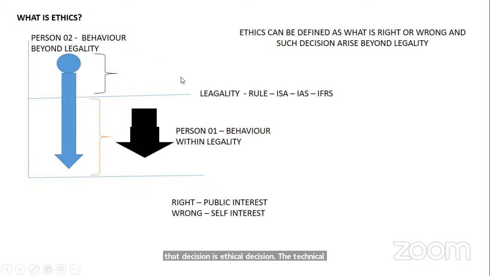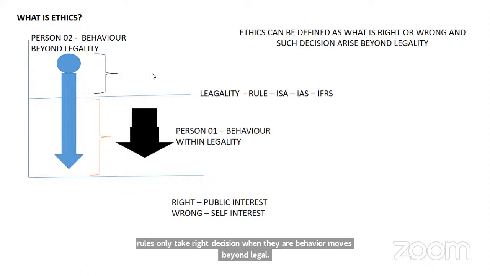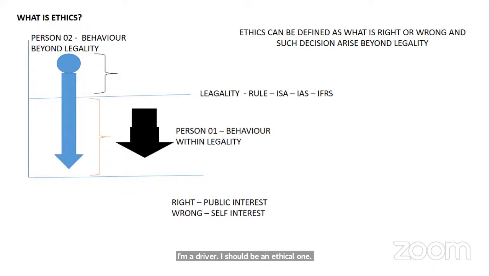It does not mean you can violate rules, because part of your behavior is within legality. Those who are following rules will take the right decision when their behavior moves beyond legality. I am a driver. I should be an ethical driver. When a policy is not there, still I should follow road rules.